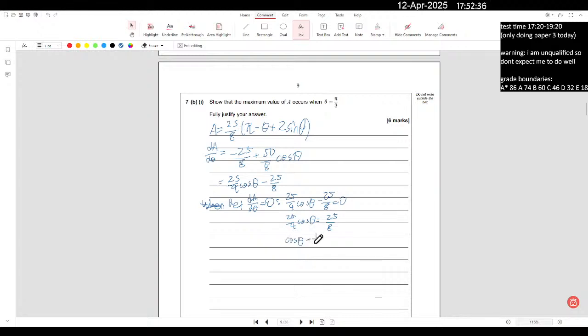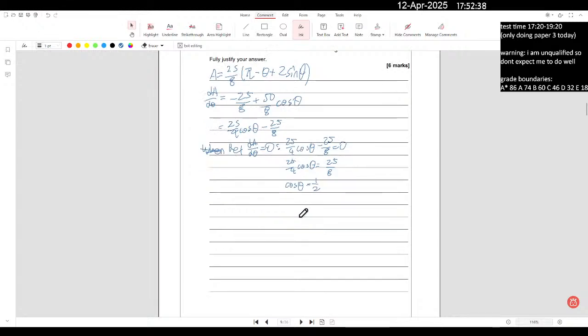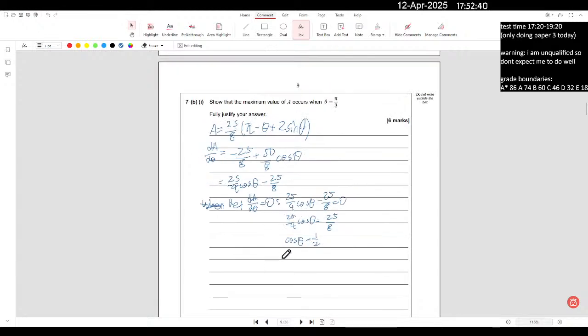Cosine theta equals half, and inverse cosine half equals pi over 3. Yup.